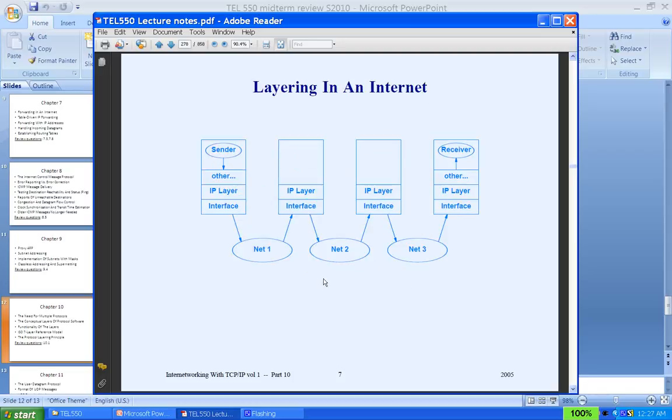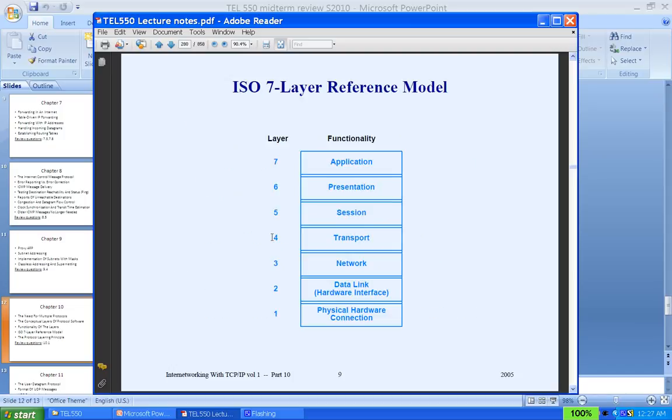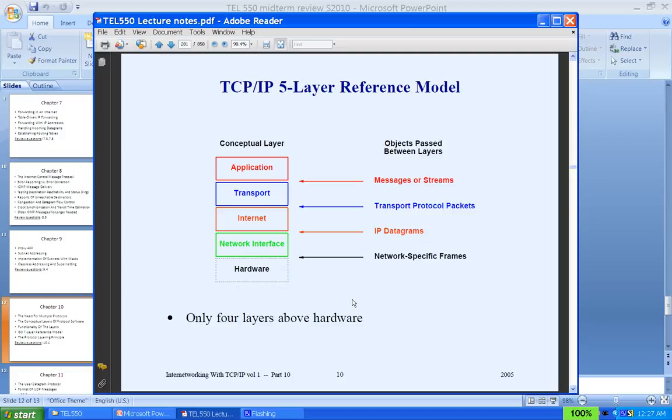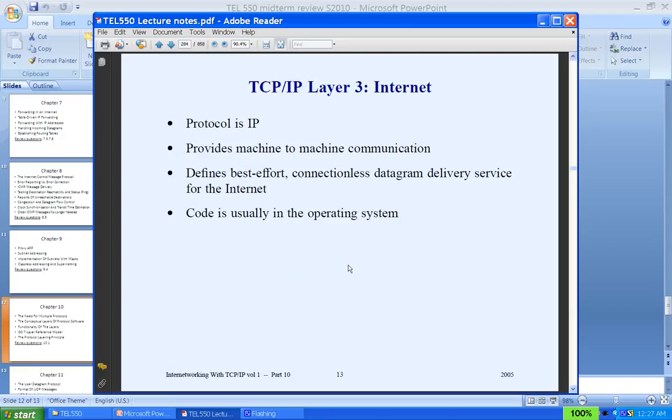Okay, and we need to understand the concept of layering and how it works. Also, we need to understand the function of each layer in the ISO 7-layer model. Okay, we have application on top and physical at the bottom. Also, what's the difference between the TCP/IP model and the OSI model?